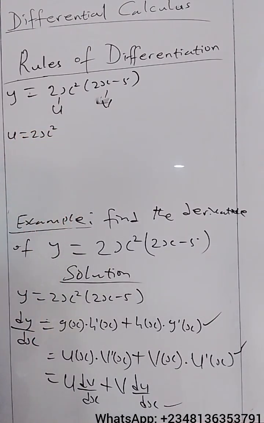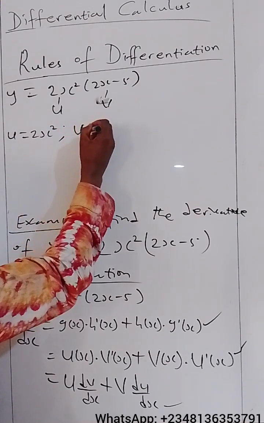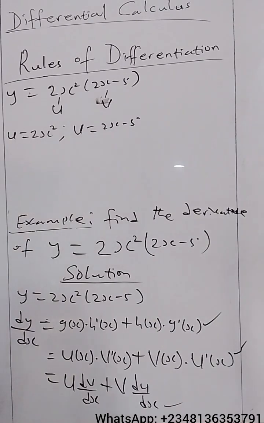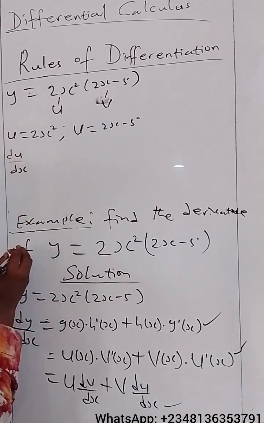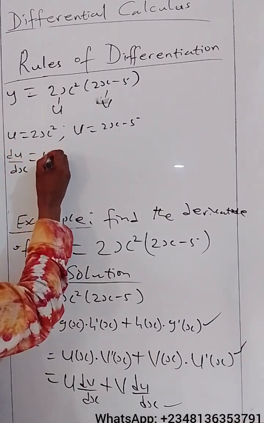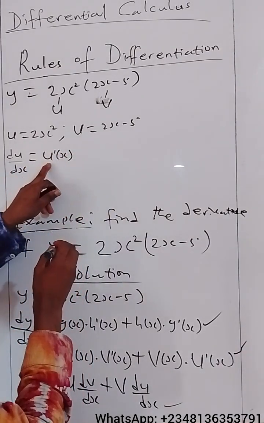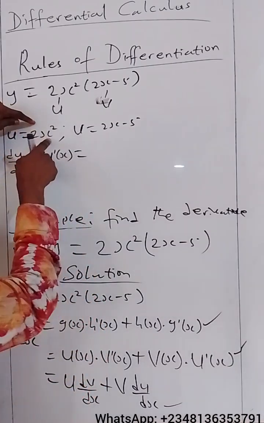Then I know my v to be equal to 2x minus 5. But I need to derive my du/dx and dv/dx. In other words, my du/dx, the derivative of u with respect to x, I want to differentiate this.